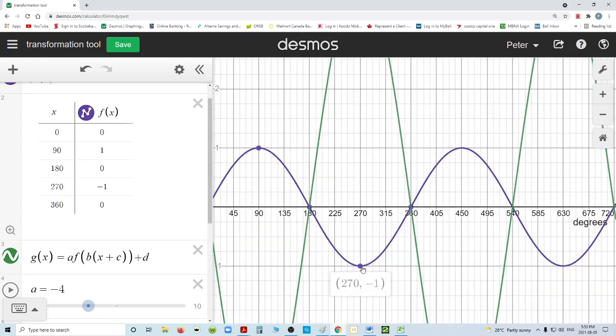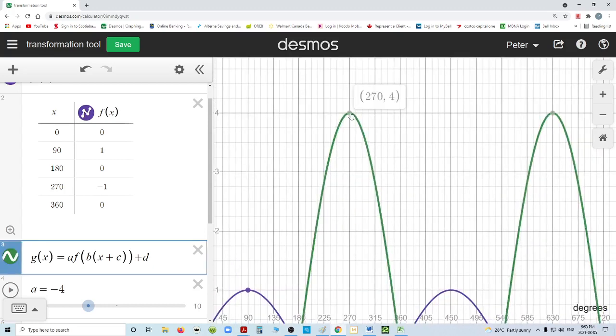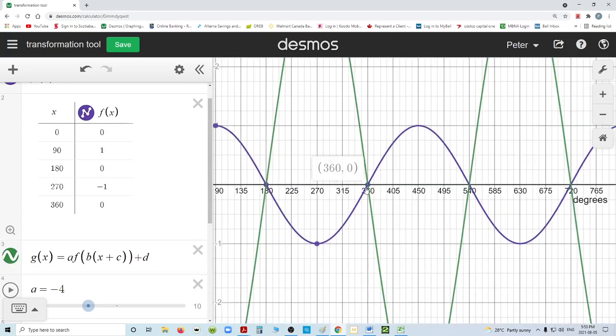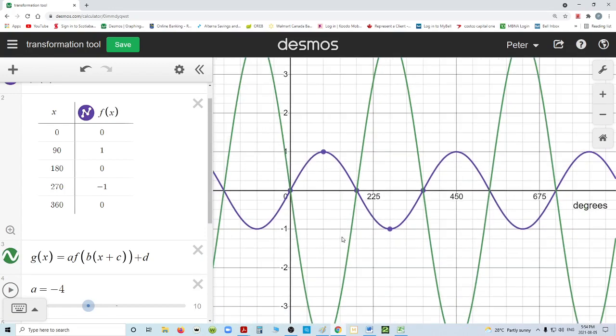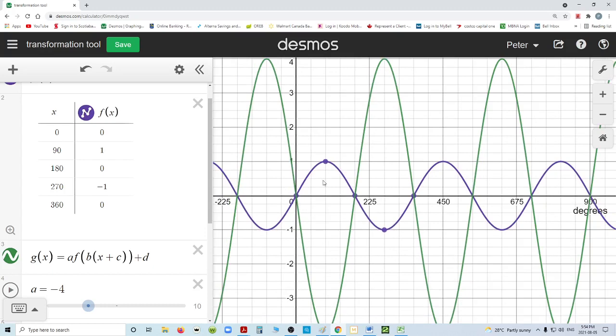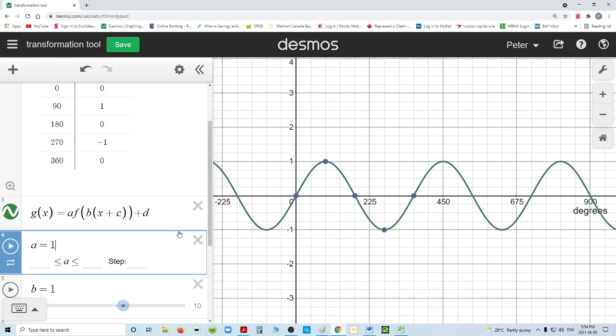Then instead of 270 comma minus 1, it's going to be 270 comma 4. There it is. And then finally at 360, it shares the same point because 0 times 4 is still 0. So you can see it flipped it upside down and stretched it vertically. So that's really a nice thing to have, this consistent application.